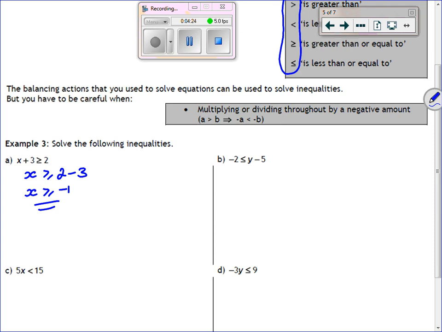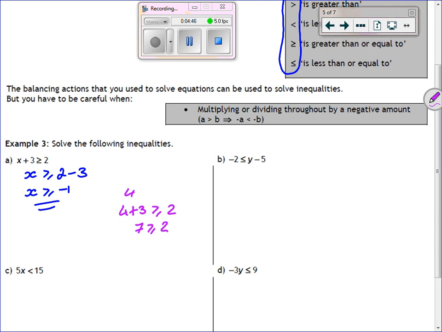So if you were to think of a number bigger than or equal to minus 1, let's use the number 4. That fits the condition. Is it true that 4 plus 3 is greater than or equal to 2? Yes, it is, because 4 plus 3 is 7, and 7 is indeed bigger than or equal to 2.